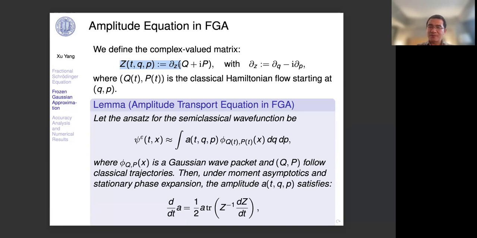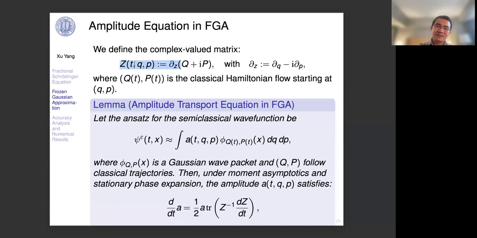Initially, we approximate the initial condition by a summation of a finite number, could be many, of Gaussian wave packets. And then we usually use uniform grids on q and uniform grids on p, and we use these uniformly distributed wave packets as an approximation for our initial condition. Later on, although initially they are uniformly distributed, when you let them go according to the Hamiltonian dynamics, which is the geometric rays, then you have some dilations of this distribution.